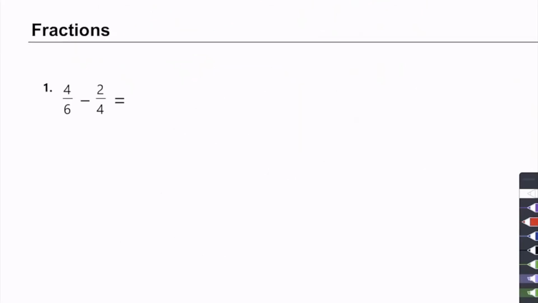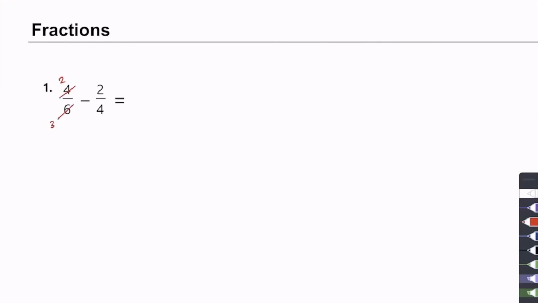Here we've got a subtraction question, 4/6 minus 2/4. Well, it's always beneficial to try and simplify each individual fraction if you can before you even start the question. So in this case, if I look at 4/6, I can say 2's into 4 go 2 and 2's into 6 go 3.